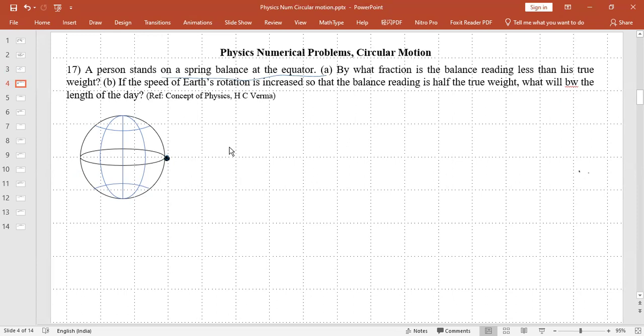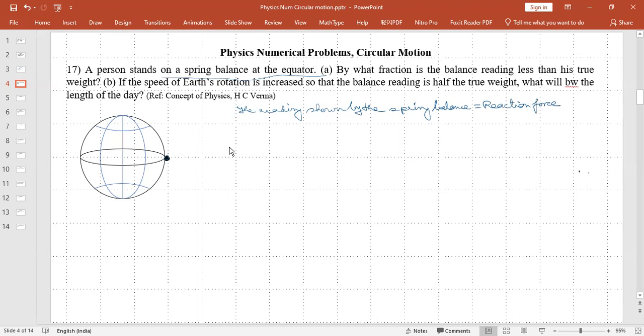And we know the reading shown by the spring balance is always equal to the reaction, or normal reaction force.